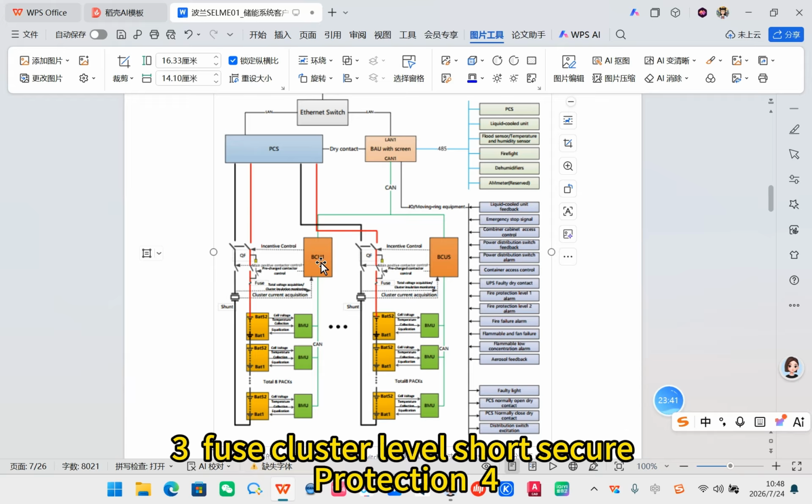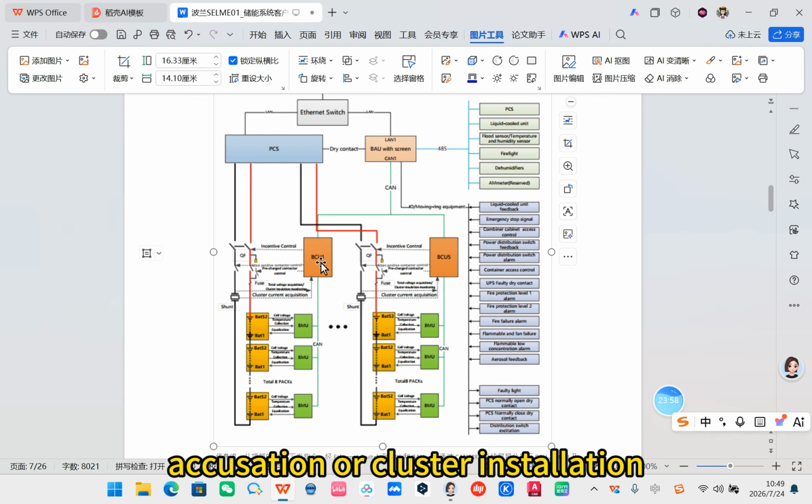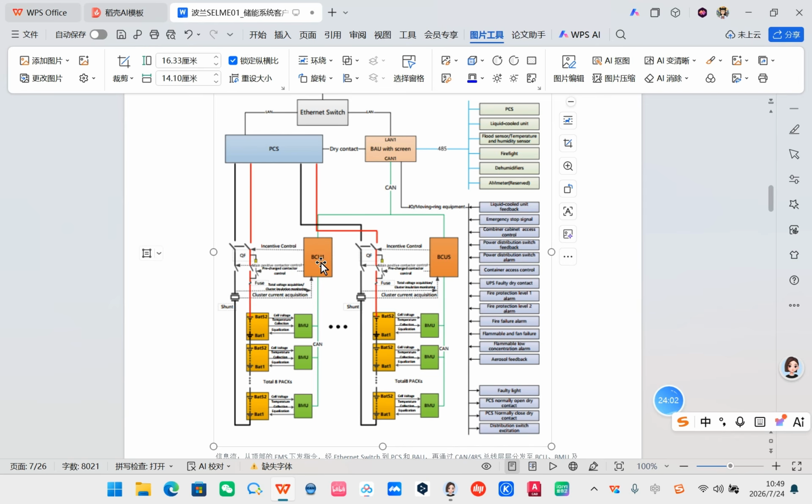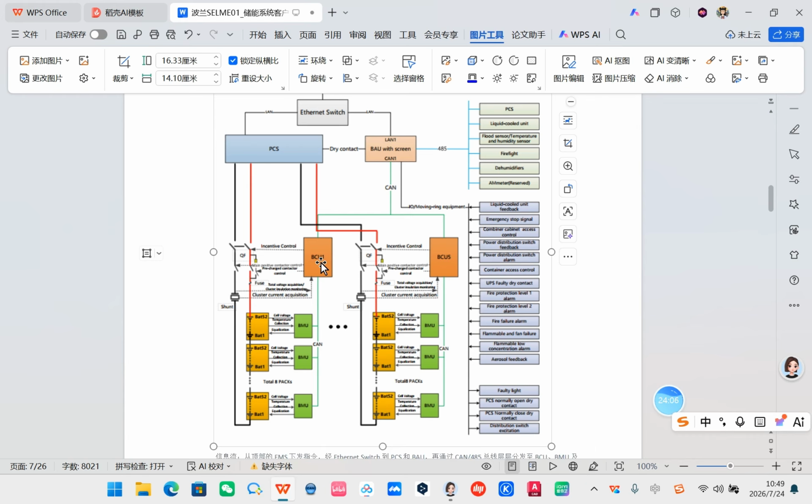Fuse. Cluster level short circuit protection. 4. Cluster current management. Cluster total voltage acquisition and cluster insulation.